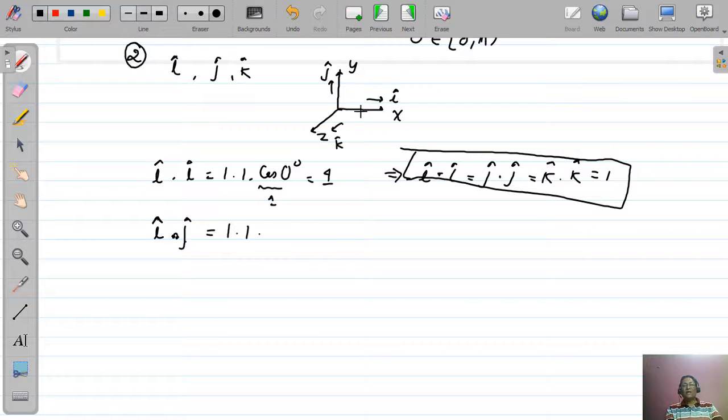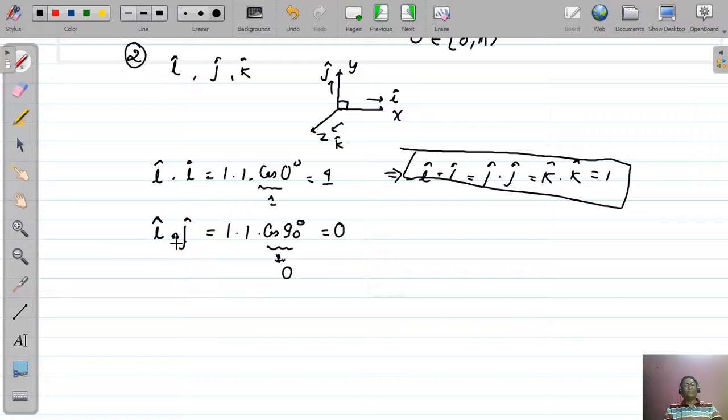Because i is along the x-axis and j is along the y-axis, the angle between them is 90 degrees, because these three axes are mutually perpendicular. So this is cos 90 degrees. Cos 90 is 0. So it is equal to 0.